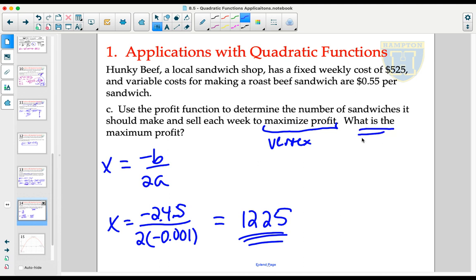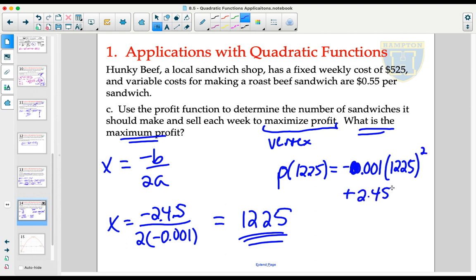If we then want to determine what is that maximum profit, we go back to our profit function and we use 1225 as our input. Negative 0.001 times 1225 squared, plus 245 times 1225, minus 525.